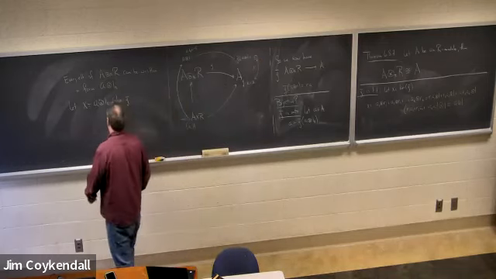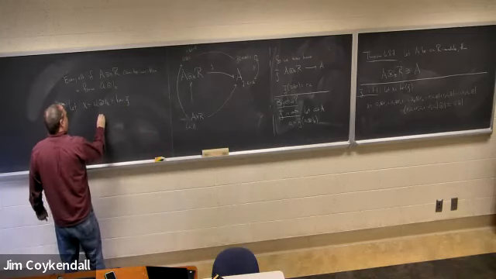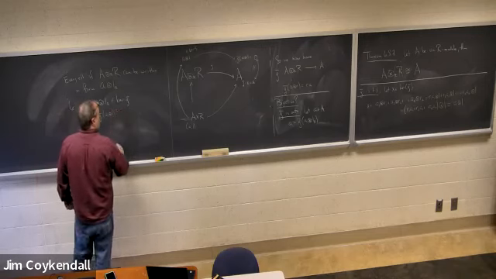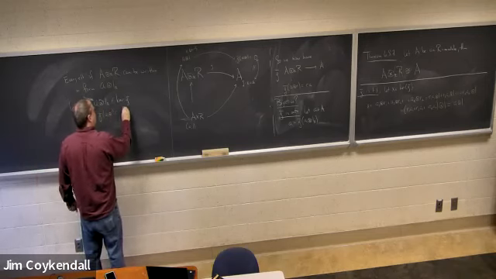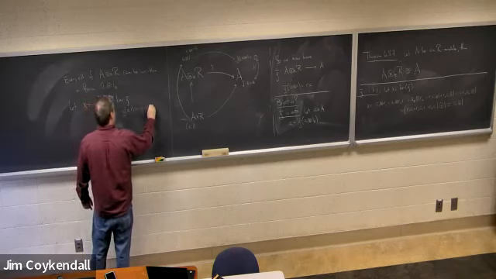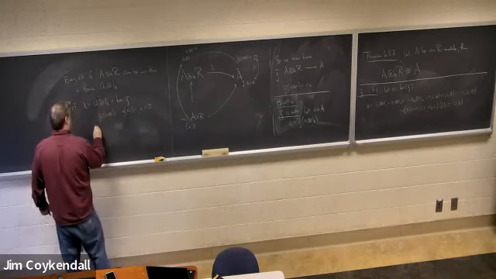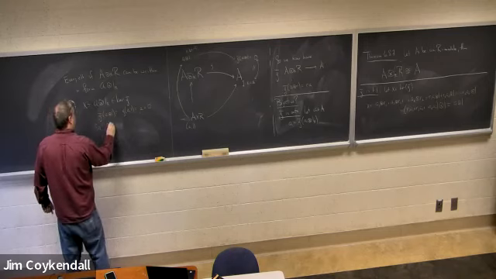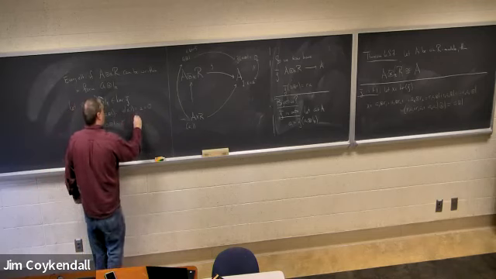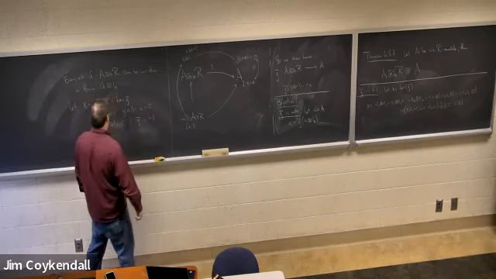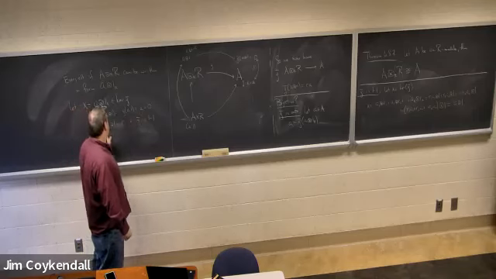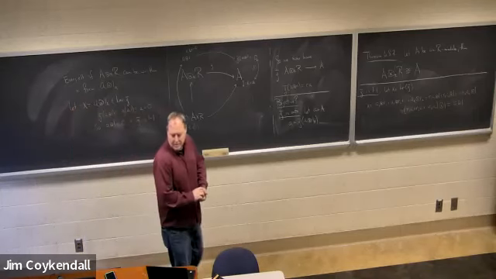So G bar of A tensor 1 is equal to G of A comma 1, which is A, which is 0. So A tensor 1 equals 0 and G bar 1 of 1. Because since A is 0, 0 tensor 1 is 0.